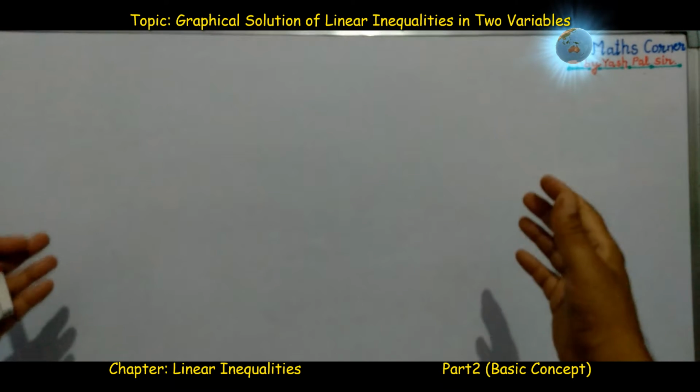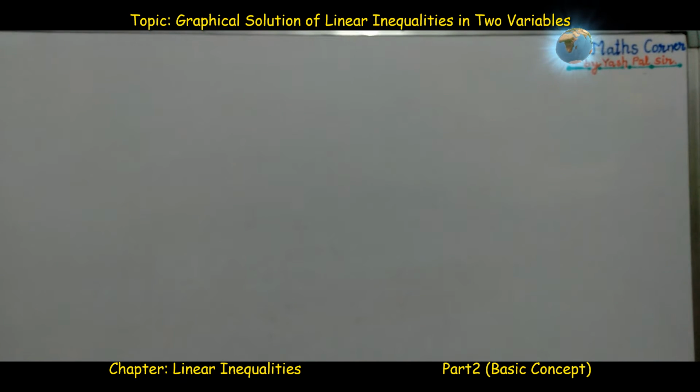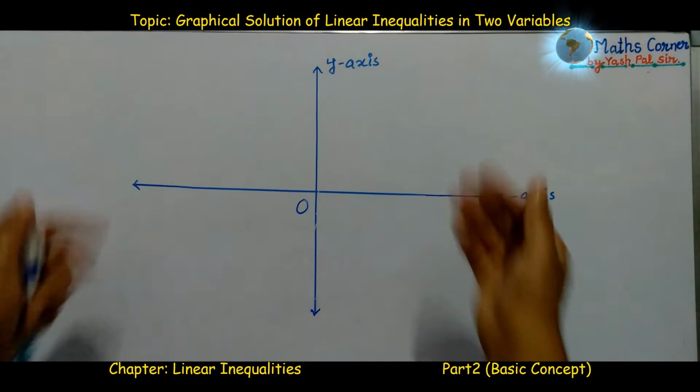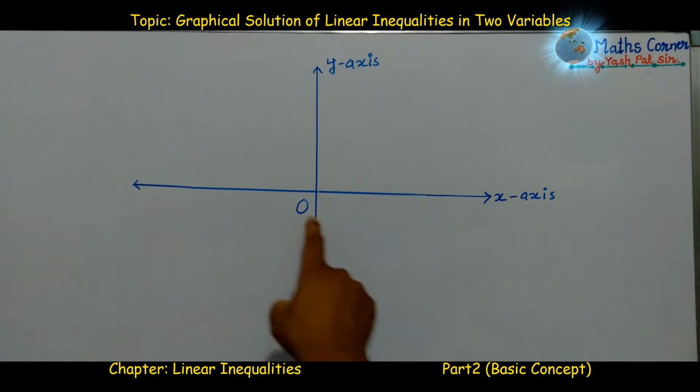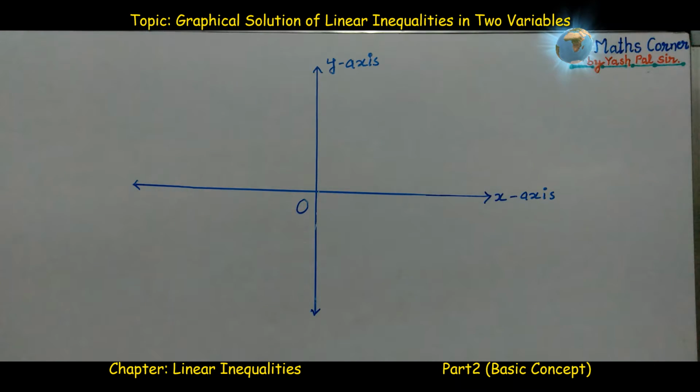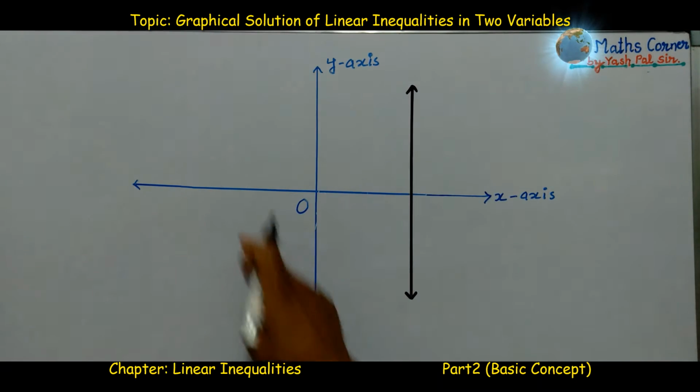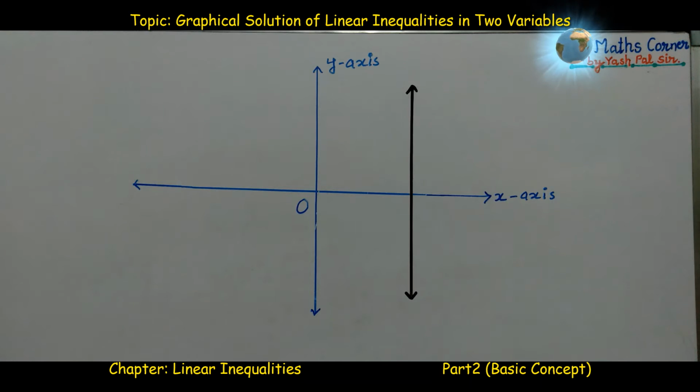First of all, we have one coordinate plane. This is the coordinate plane having the combination of x-axis and y-axis. This is origin O. Now consider one straight line in the coordinate plane. What we observe?